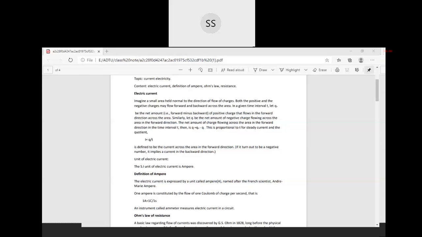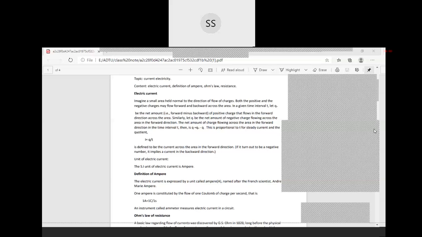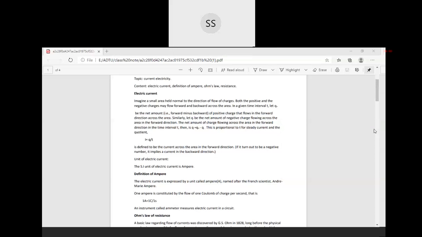Ma'am, can you repeat? Okay, if in an electric circuit q amount of charge is flowing through the circuit in time t, then the amount of current produced in that circuit is I equal to q divided by t.